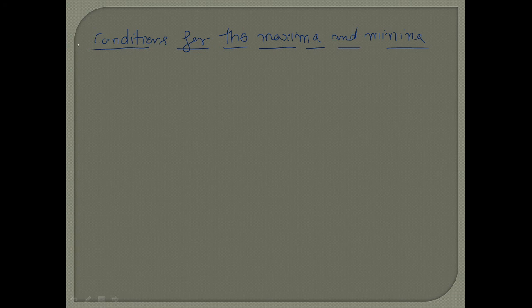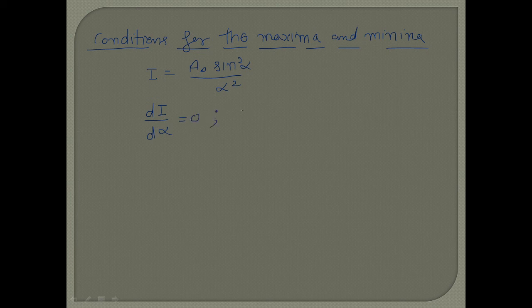We have I equal to A naught square sin square alpha divided by alpha square. To find out the maxima and minima, let me differentiate I with alpha and put this equal to 0.